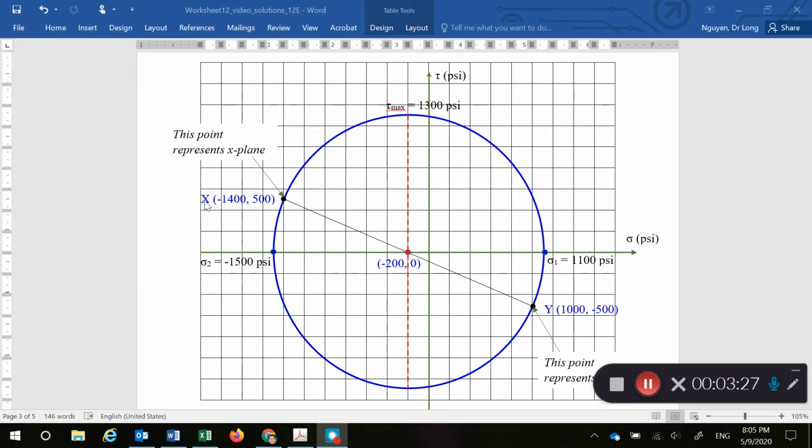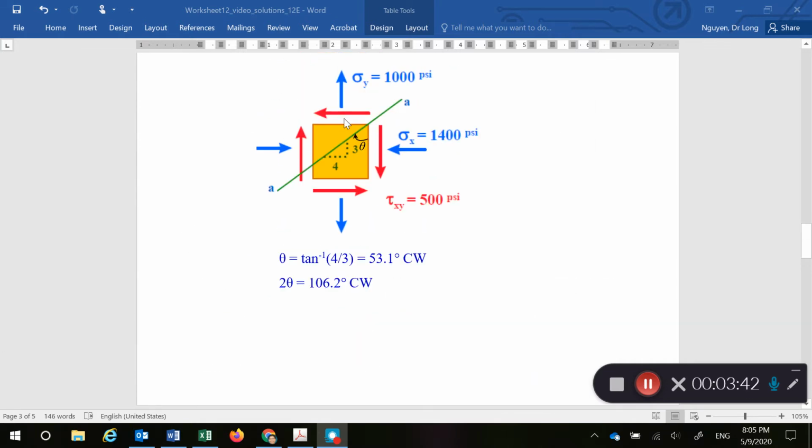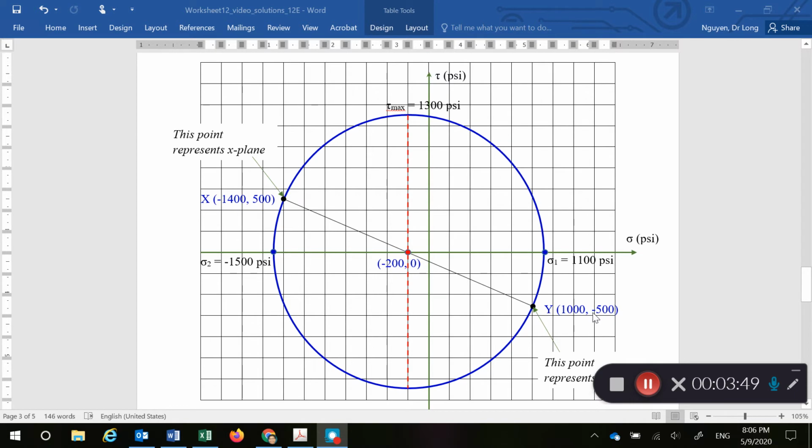The x-plane is the point with coordinates negative 1400, positive 500. And the y-plane, the horizontal plane perpendicular to the y-axis, is at 1000, negative 500 psi. So that is the x-plane and y-plane.